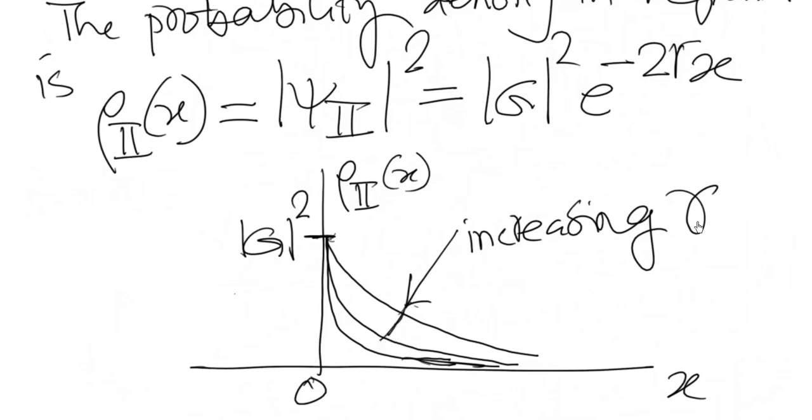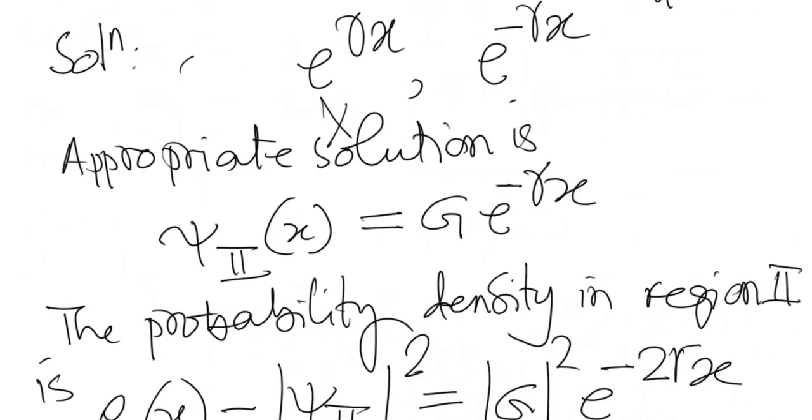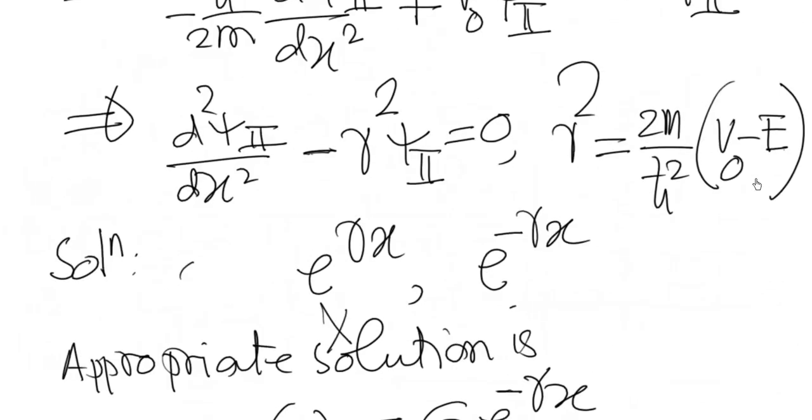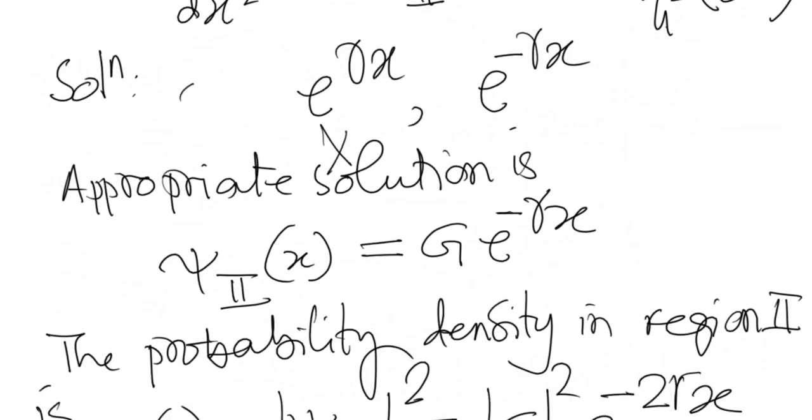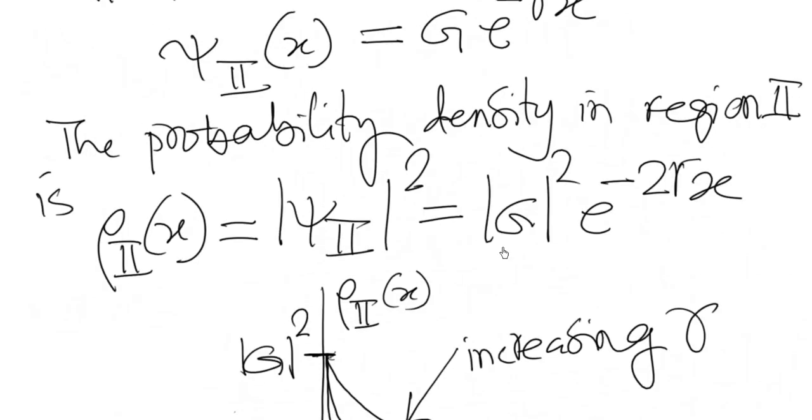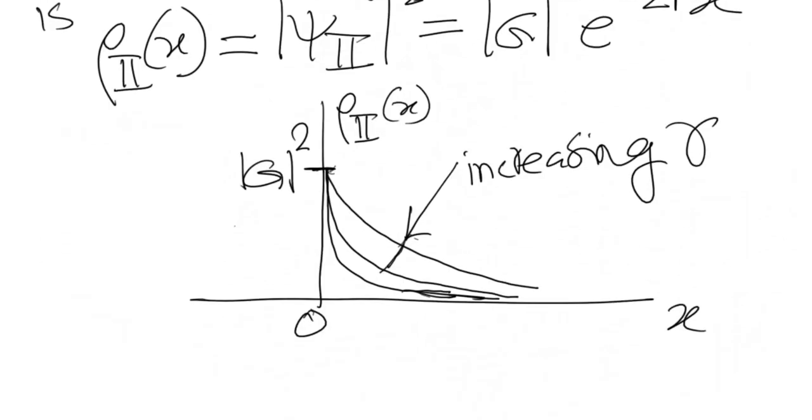As you increase gamma, it means you increase V naught, because gamma is related to V naught. E is the total energy, constant, and m is the mass, constant, and h bar is constant. So as you increase V naught, gamma increases, and as gamma increases, this probability density decreases because we have e to the power minus 2 gamma x.